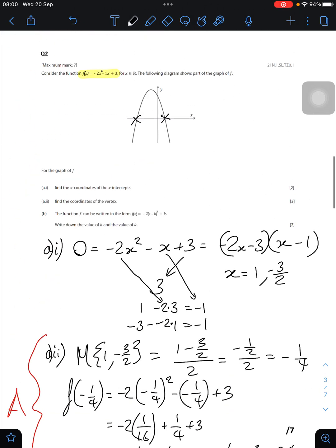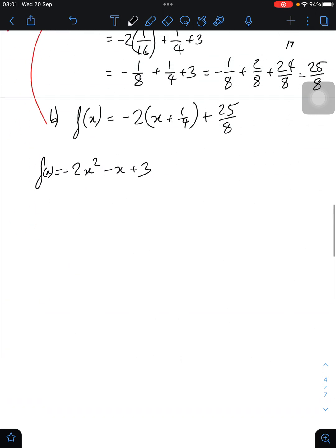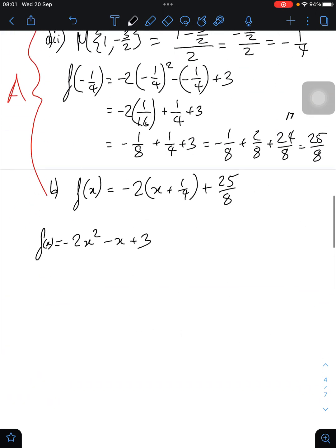We don't know that these are equal to 0 if we're finding our turning point, and so that's an easy mistake to make. So when we're completing the square here, we do want to take our 2 outside, but we don't want to divide through by our minus 2. So if we take our minus 2 outside the bracket, what we'd get inside would be x squared plus 1 over 2 x plus 3.